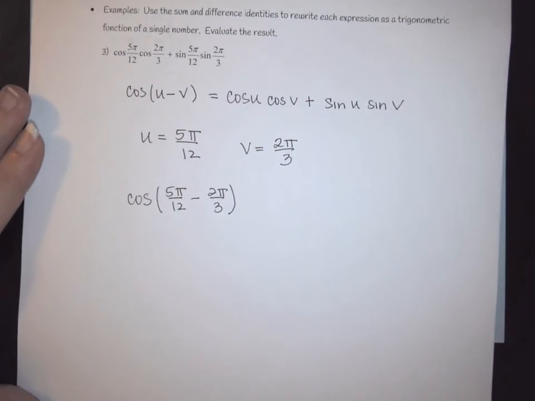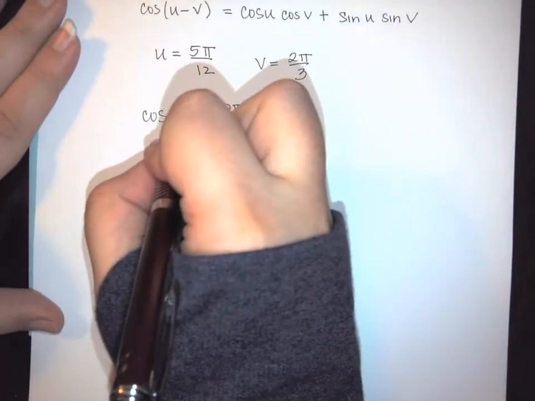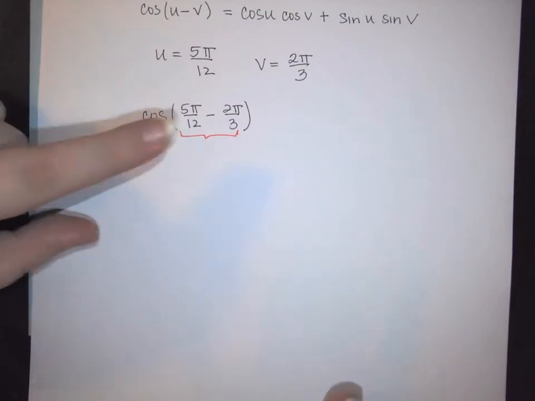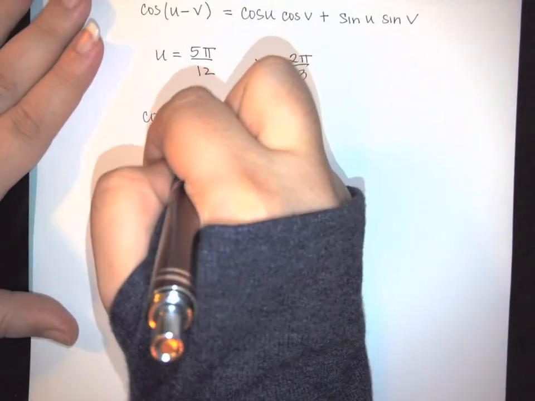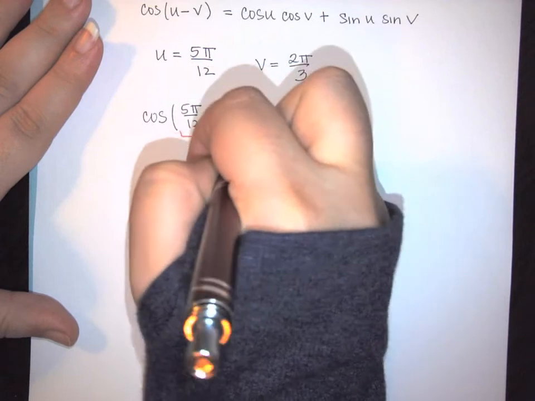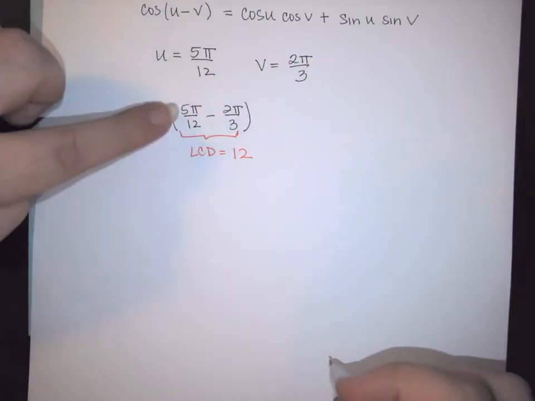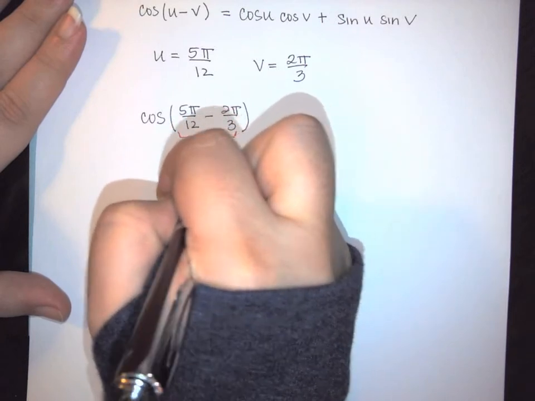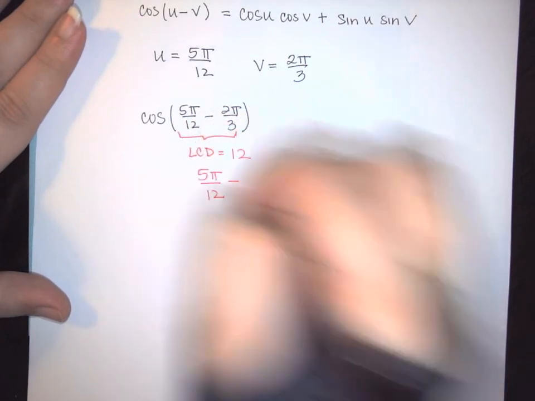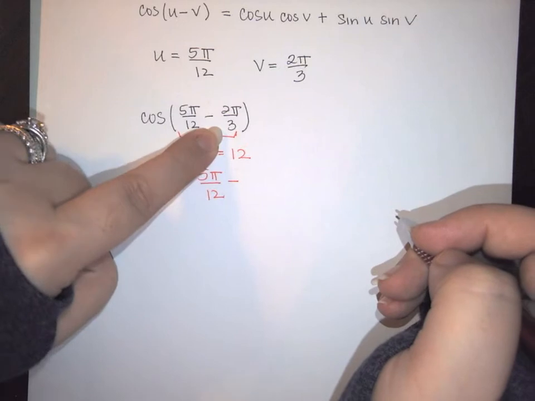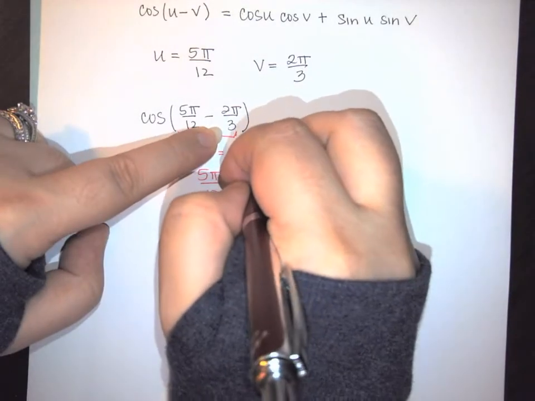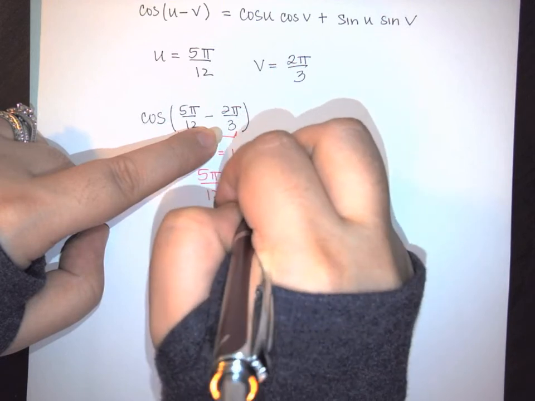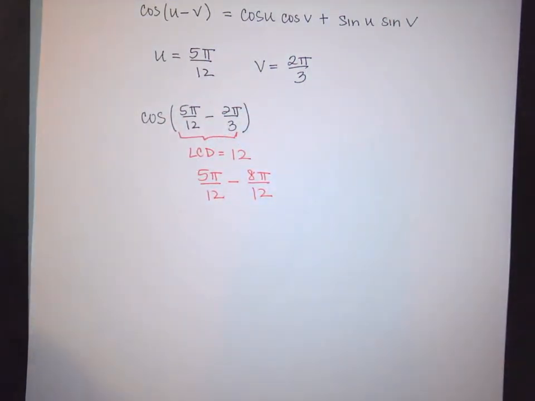So what I have to be able to do is actually do this math here. I need the least common denominator, which in this case is going to be 12. So this 5 pi over 12 doesn't have to change. So this is 5 pi over 12, still minus. In order to turn 3 into 12, I multiply by 4. So this becomes 8 pi over 12.